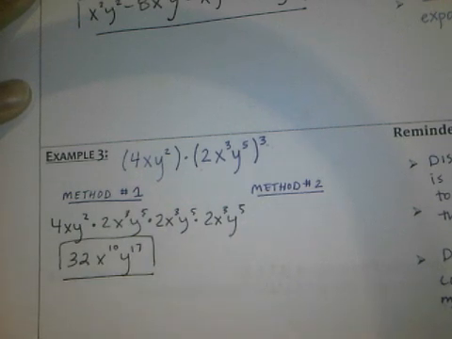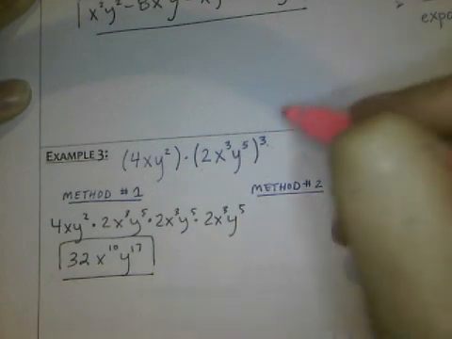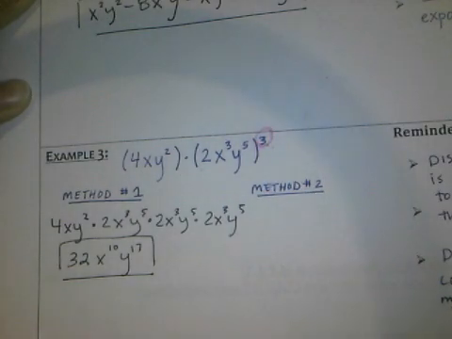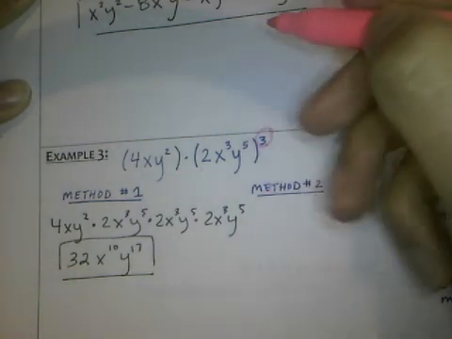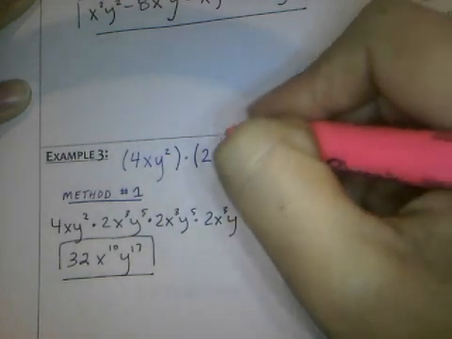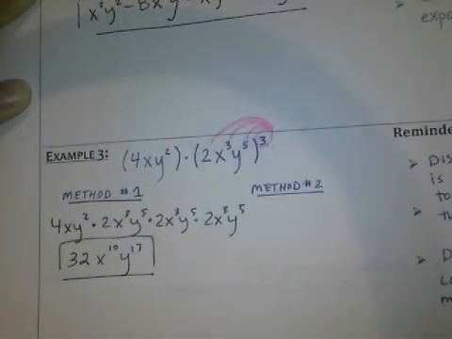Now you may be thinking to yourself, that seems like a lot of work, and yeah, you're right. So there is another way to do this more quickly, which would be just to take this exponent and to distribute it. When you distribute, make sure that you remember it's an exponent, not a coefficient.